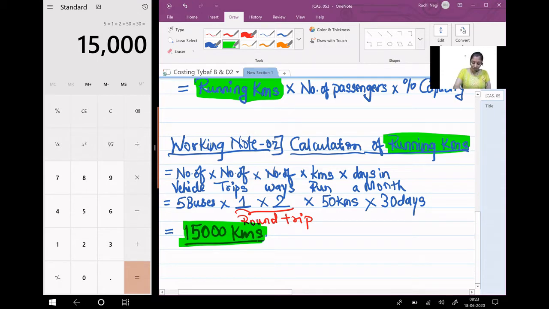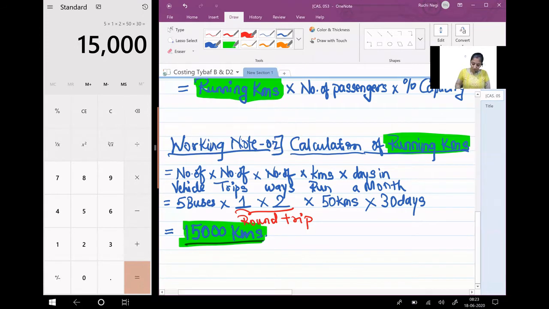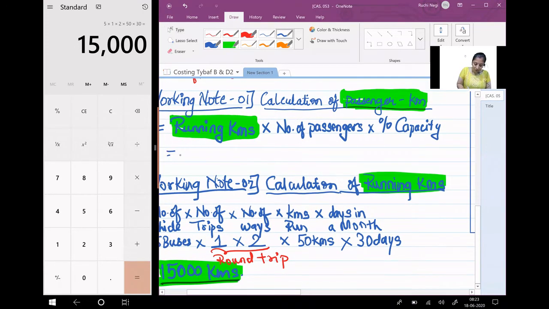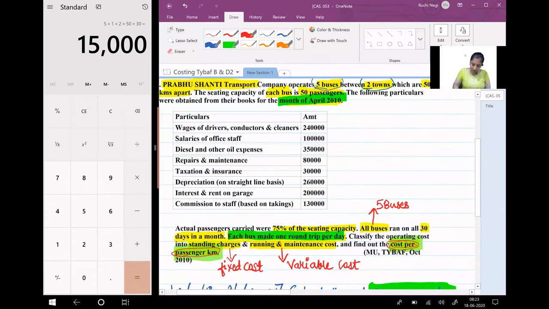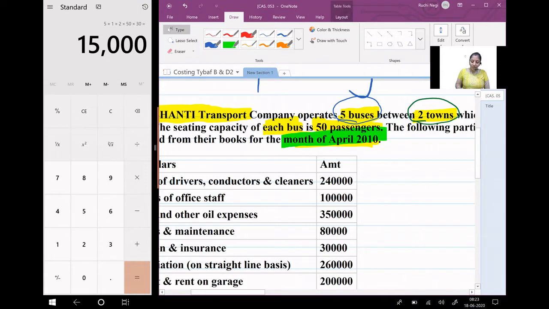Let us substitute this 15,000 in working note number 2. I just got the answer: 15,000 into number of passengers. Now let me check the question. How many passengers are given? It is given above in the second line: sitting capacity of each bus is 50 passengers.